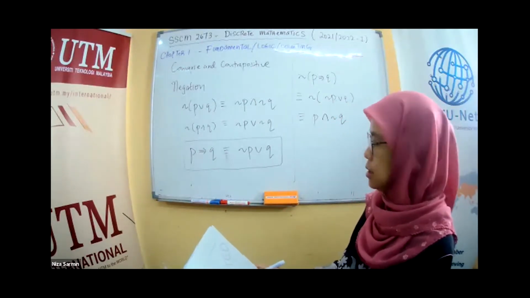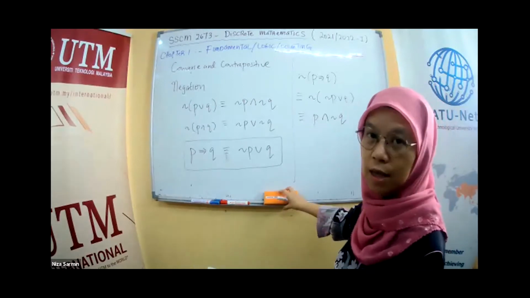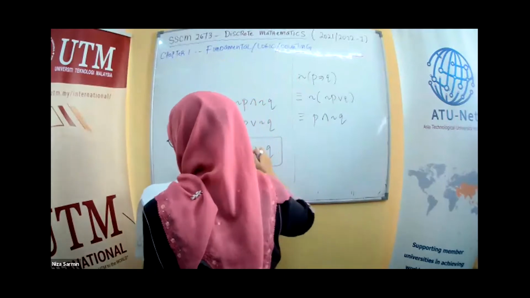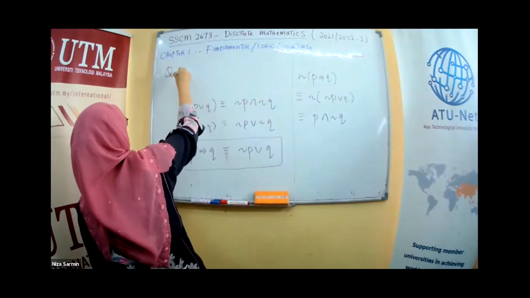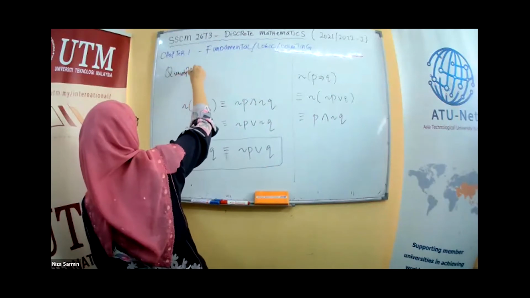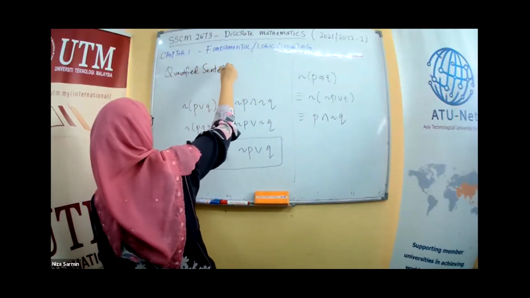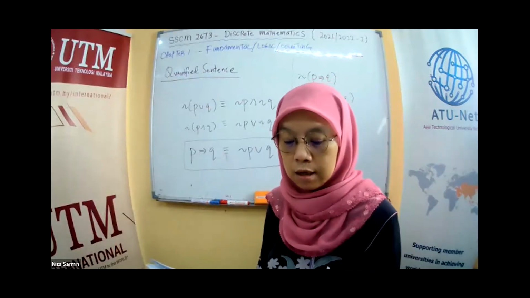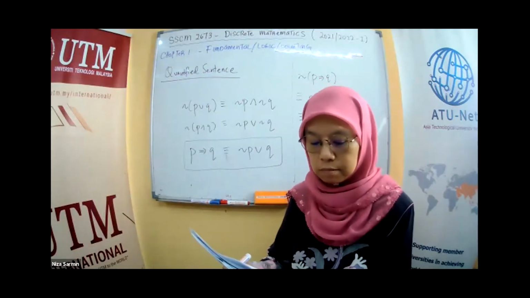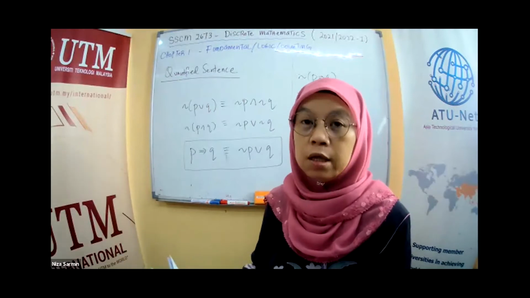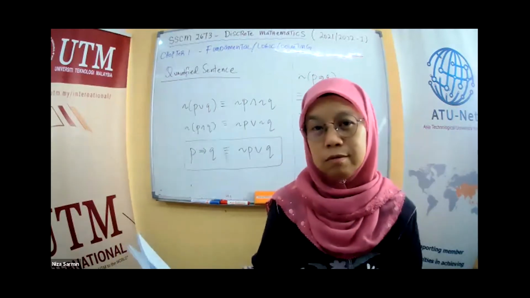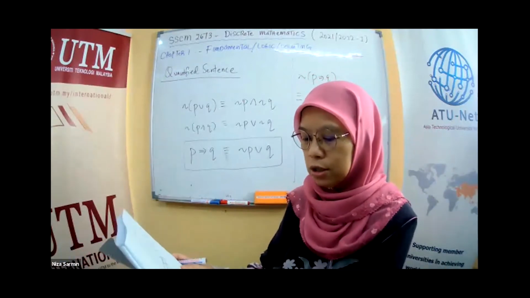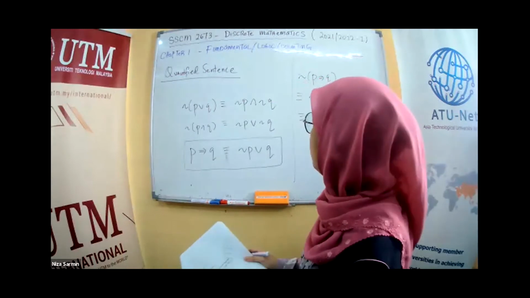Okay, next is quantified sentences. You have also learned this in a bigger scale or larger scale in your last class. Quantified means there is a quantity. There is a quantity meaning that there is like for all, for some, for each, okay? This is called the universal quantifiers.